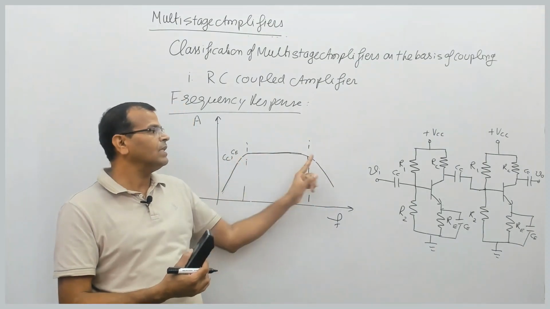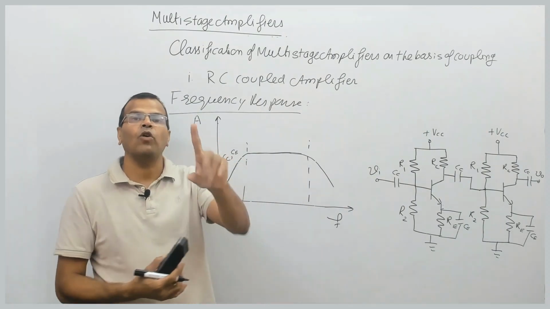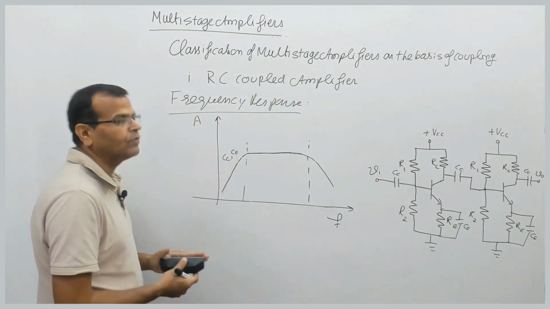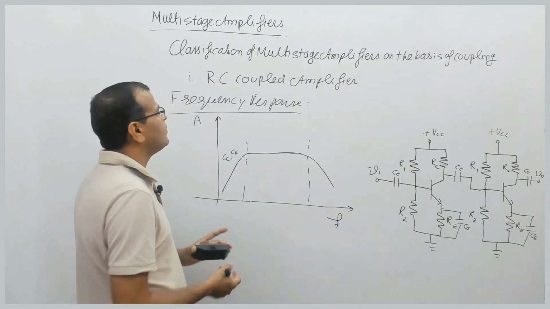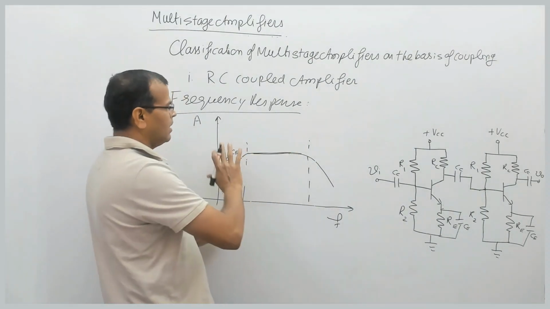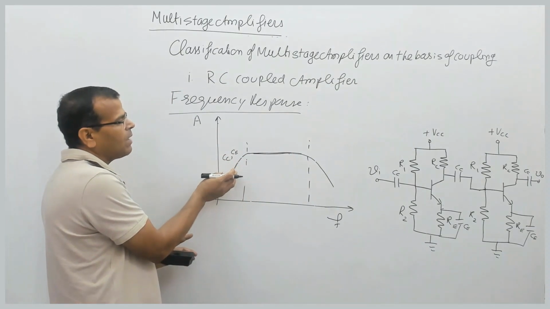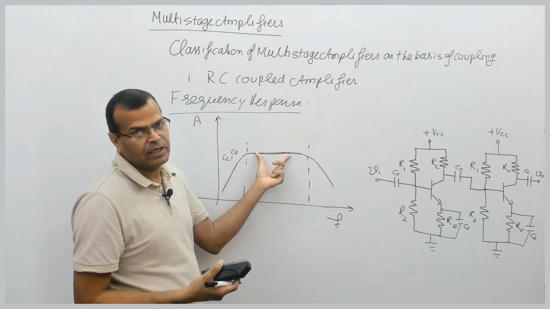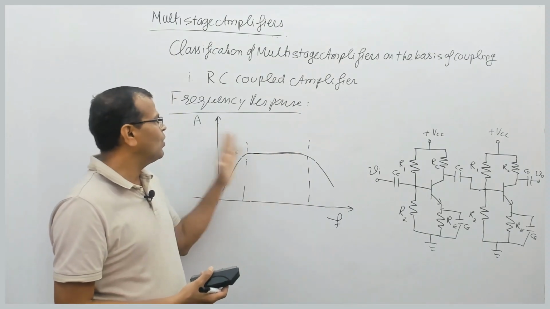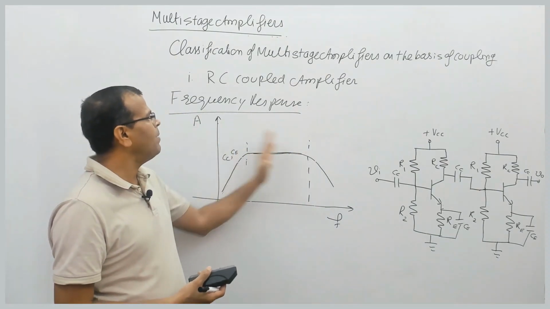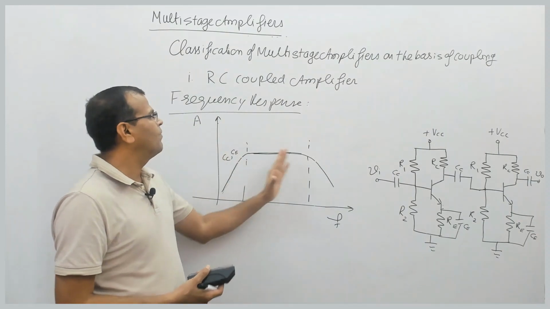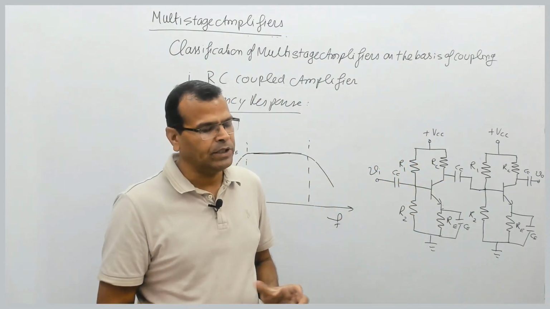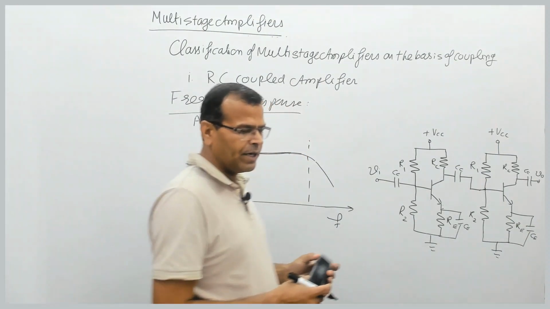At low frequency, junction capacitances behave like open circuit. This is one objective type question in engineering services, not in GATE, of course. Fine. At mid band, neither the coupling and bypass capacitors nor the junction capacitances affect the gain. Gain remains almost constant. So this is the type of frequency response of the RC coupled amplifier. I hope you will remember that.